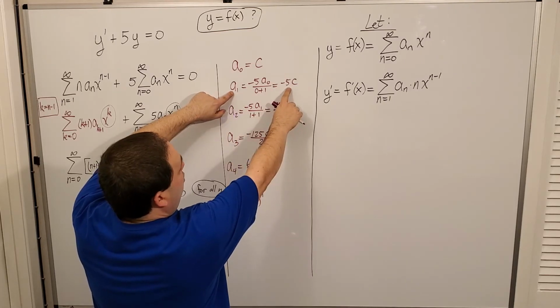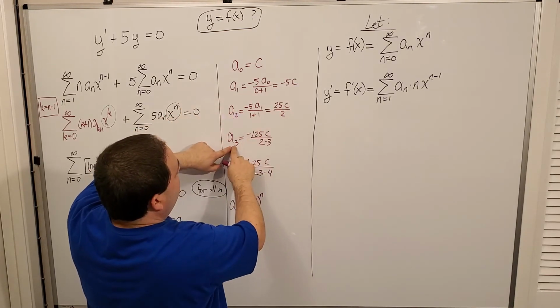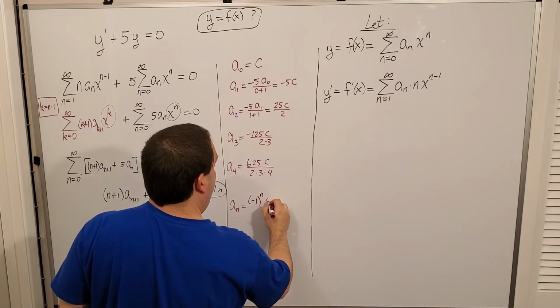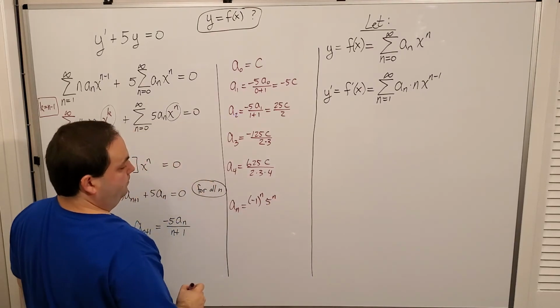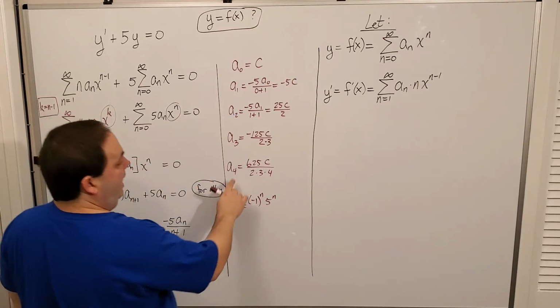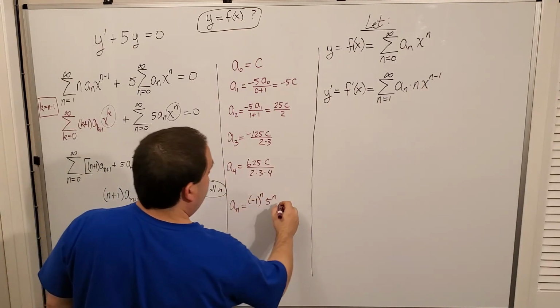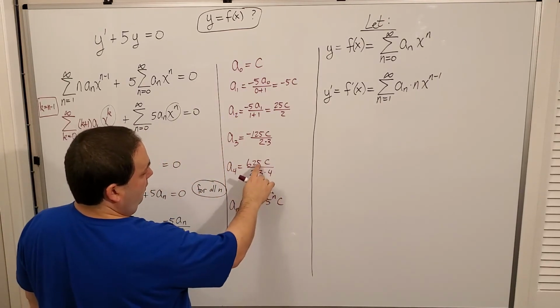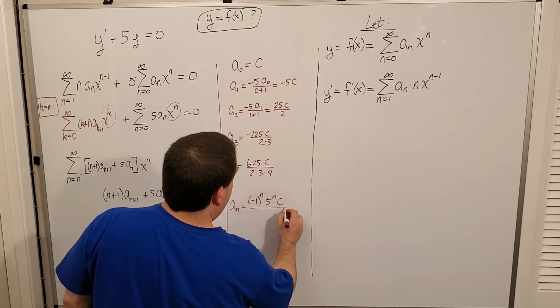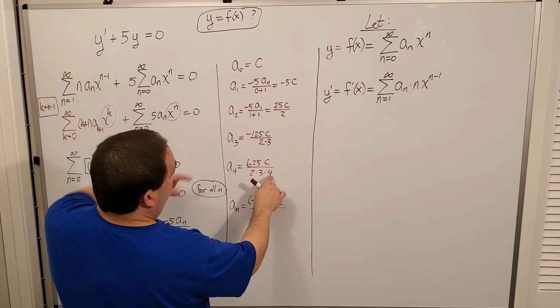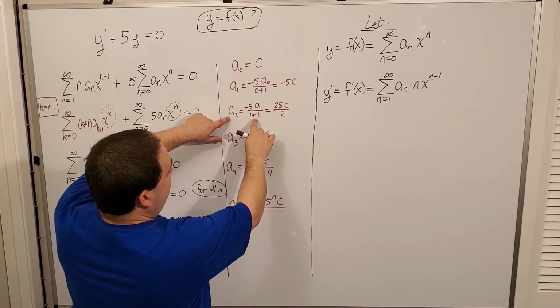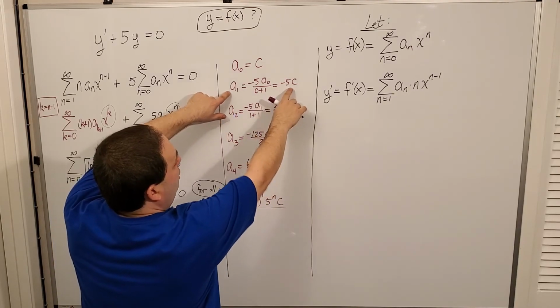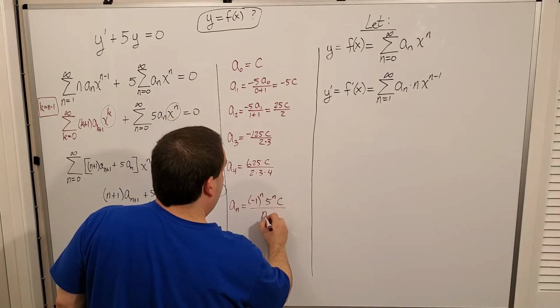Notice A1, there's one 5, A2, there's two 5s, A3, it's 5 to the 3. So it's 5 to the n power. And don't forget it's times C. Then in the denominator, notice I'm getting 2, 3, 4, where I had 2, 3 before that, and then I just had 2, and then I just had 1. That's n factorial.